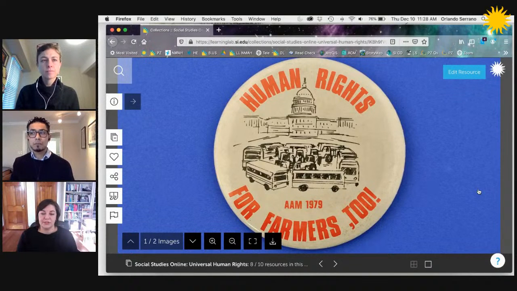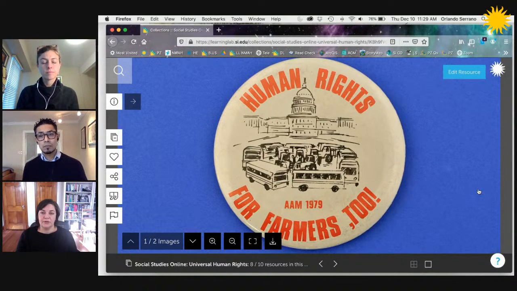So farmers were saying that, hey, if human rights include an equal distribution of food, if this is a fundamental principle, and we also have a right to fair compensation for our labor, then we feel like our human rights are being violated at a number of levels.